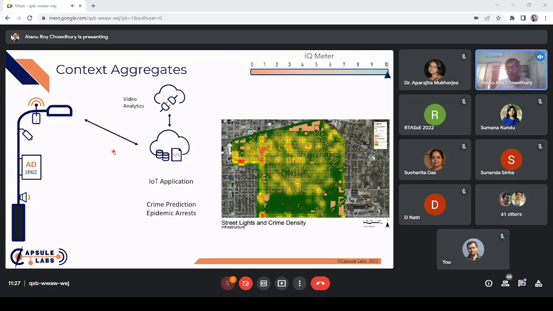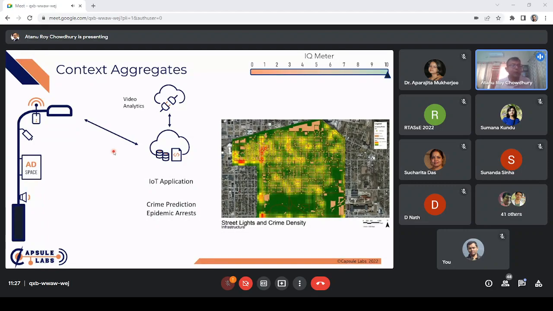I can do context aggregates. Context aggregates are not about just the local context of a particular street light or of a set of street lights, but the context of all the street lights across the city. This gives me the ability to do crime prediction, to do epidemic arrests.